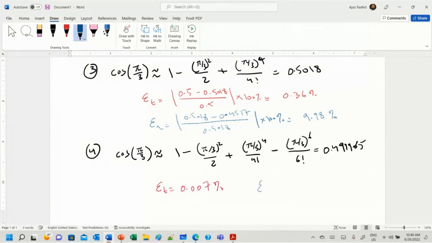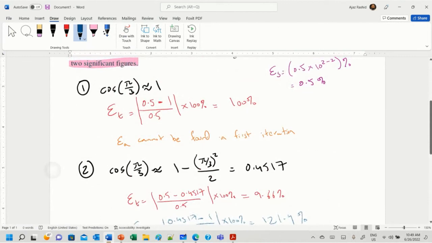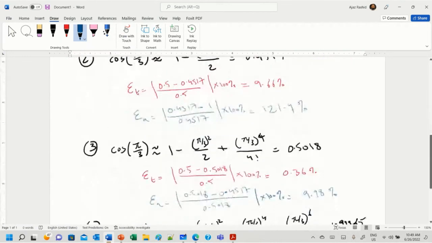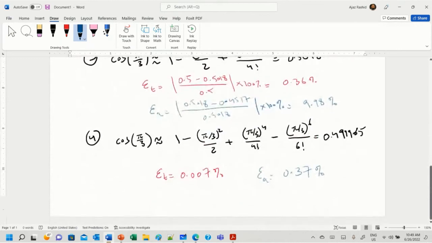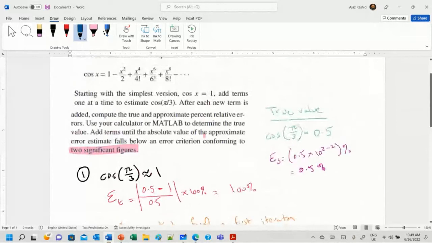And we can find the approximate error comes out to be 0.37%. Of course, 0.37% now has become less than the stopping criteria, which is 0.5%. So we stop here, and that's the value that we have to find.